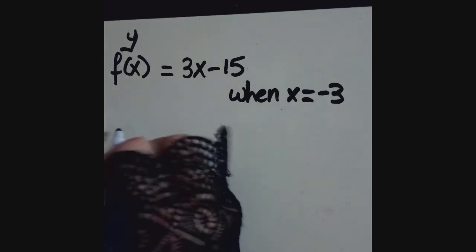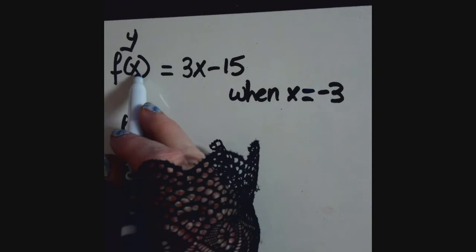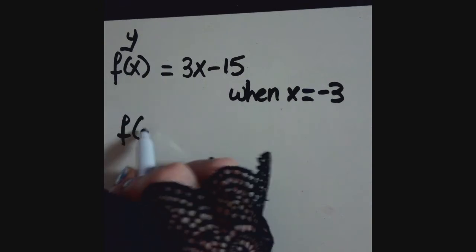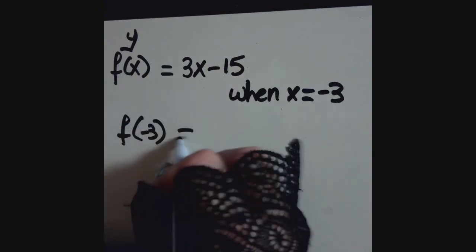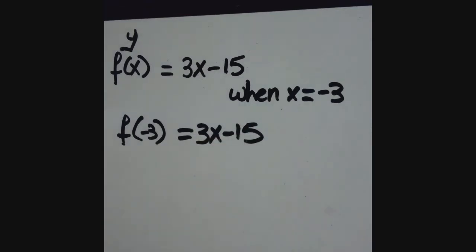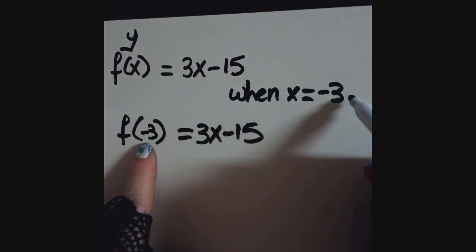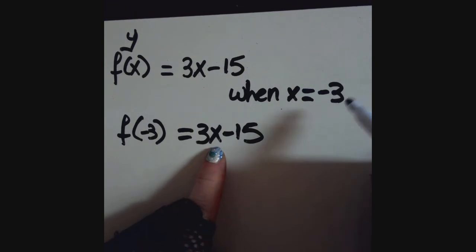So all you're going to do here is, sometimes what you'll see is where this x is, they plug in a negative 3 to show that's what they're putting into the function. So sometimes in a test, if you see that and it doesn't say anything else, it means take the negative 3, which is the value of x, and plug it in where you see the x.